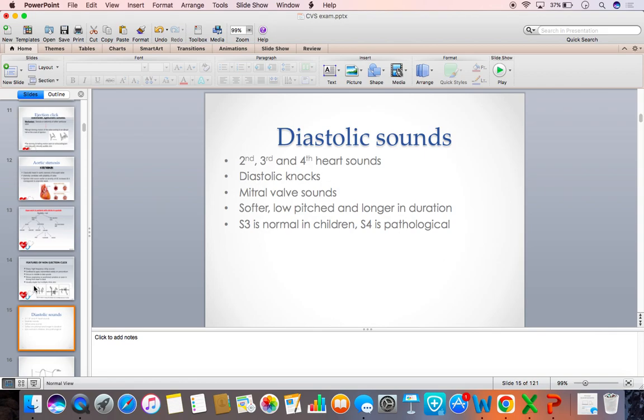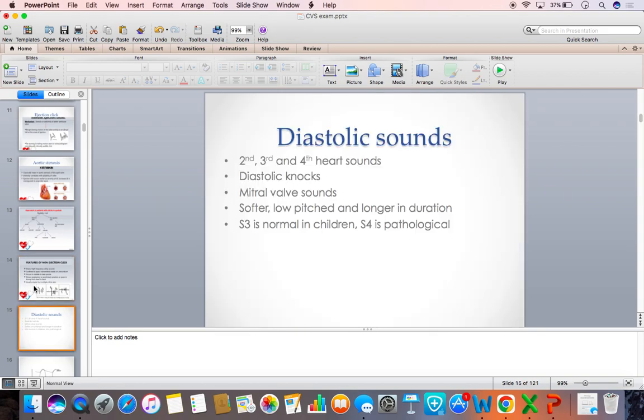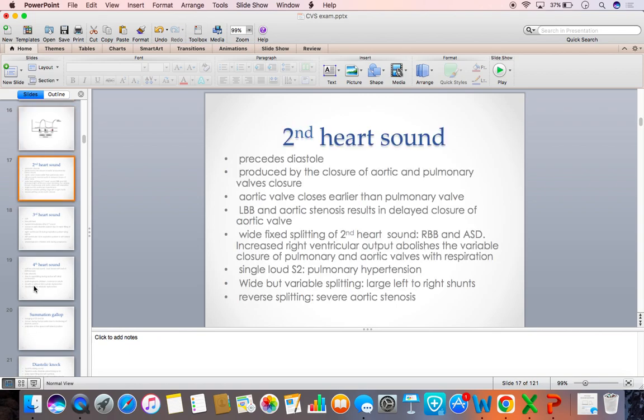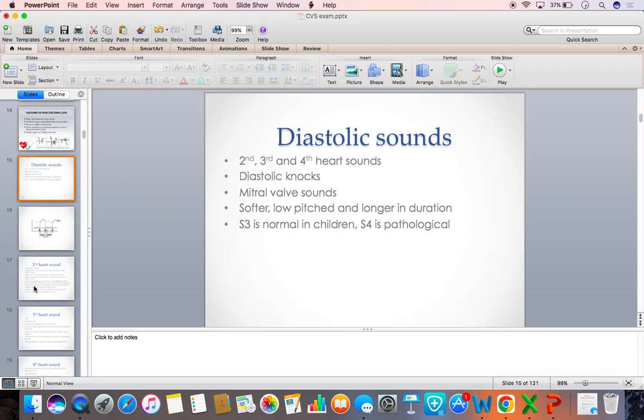And one more thing: out of the diastolic sounds, you can appreciate the opening snap. So what are the diastolic sounds?